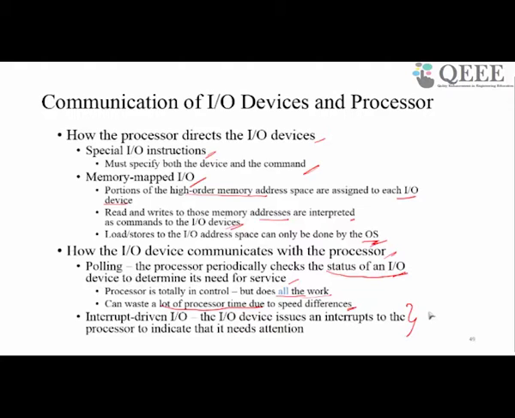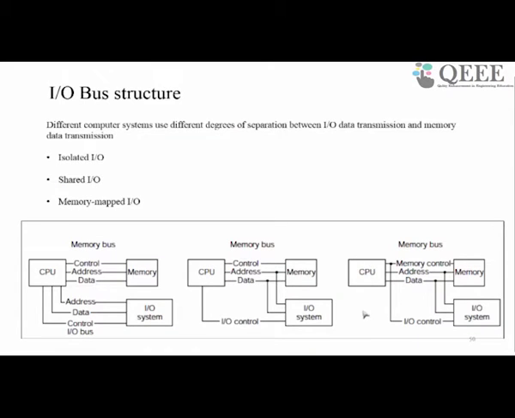Alternatively, we can go for what is called interrupt driven IO, wherein an IO device, whenever it wants the attention of the processor, generates an interrupt, and the processor handles this by running an interrupt service routine, or ISR. Well, coming to the IO bus structure, there can be three kinds of IO bus structure.